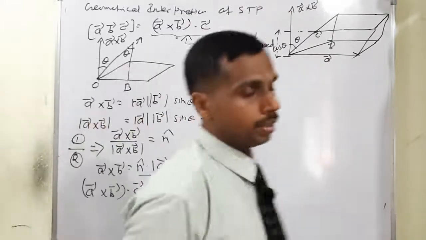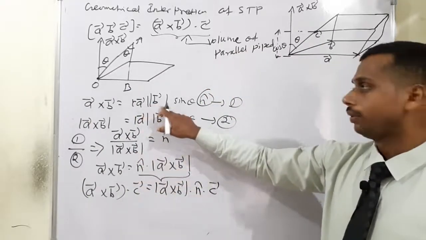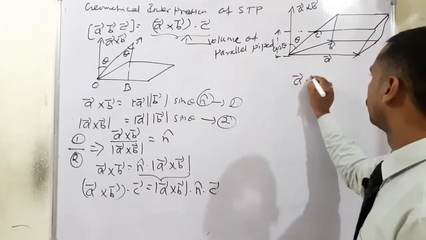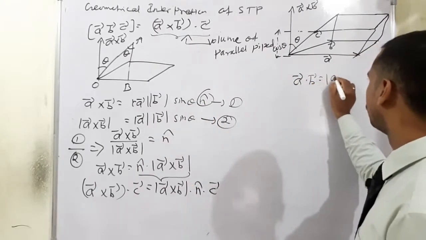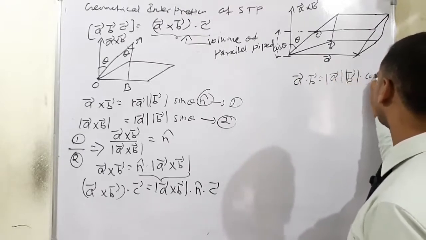We know A vector cross B vector is modulus of A into modulus of B into sin theta n cap, but A vector dot B vector is modulus of A vector into modulus of B vector into cos theta.